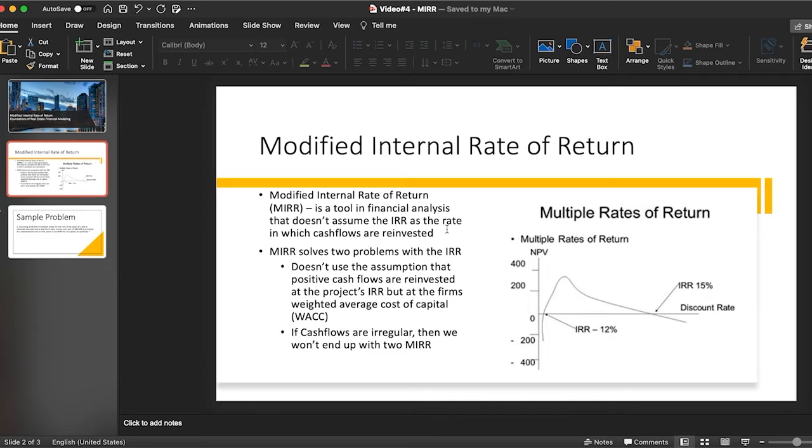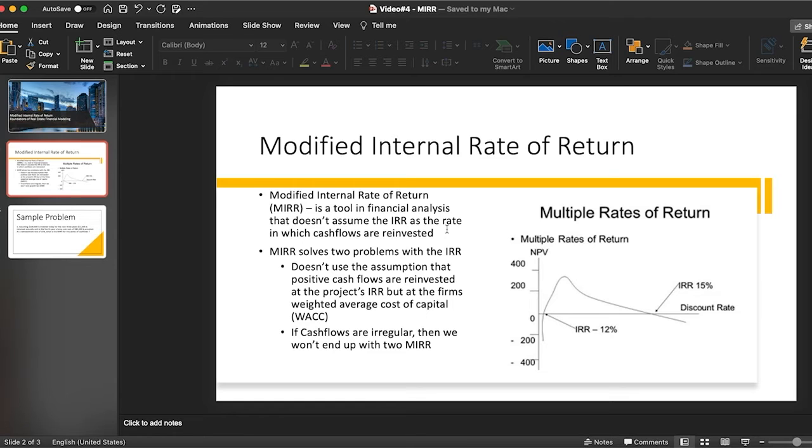Now, that is not a sound assumption, because if you have a project in downtown Austin, like a 10-story apartment complex, and you're getting an internal rate of return of like 20%, other developers in the area are going to see that as an opportunity to invest in the downtown area, and they're going to start building around your building, and your internal rate of return is going to start to go down due to saturation of apartments and competition and all that good stuff.